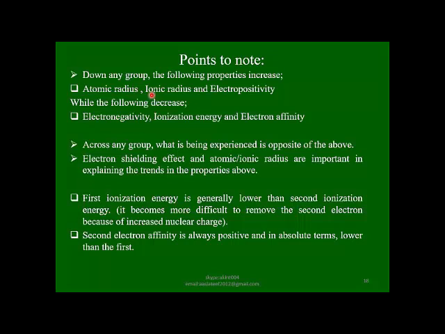First ionization energy is generally lower than second ionization energy. We have explained that because it's more difficult to remove the second electron because of increased nuclear charge. The second electron affinity is positive, and in absolute terms lower than the first. What I mean by absolute terms is that we ignore whether it is positive or negative.